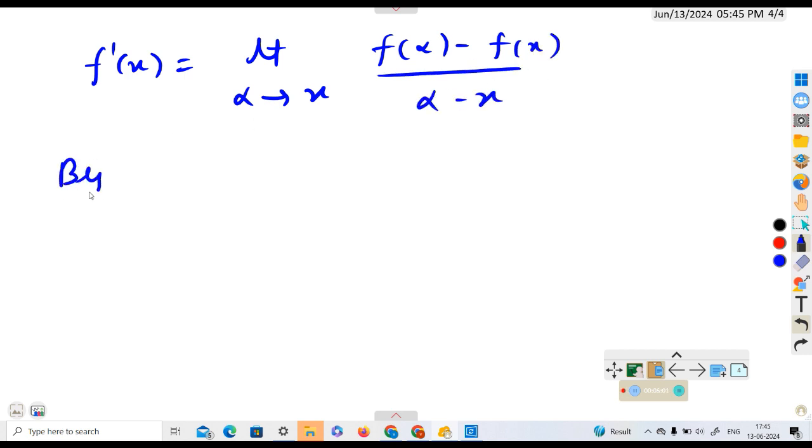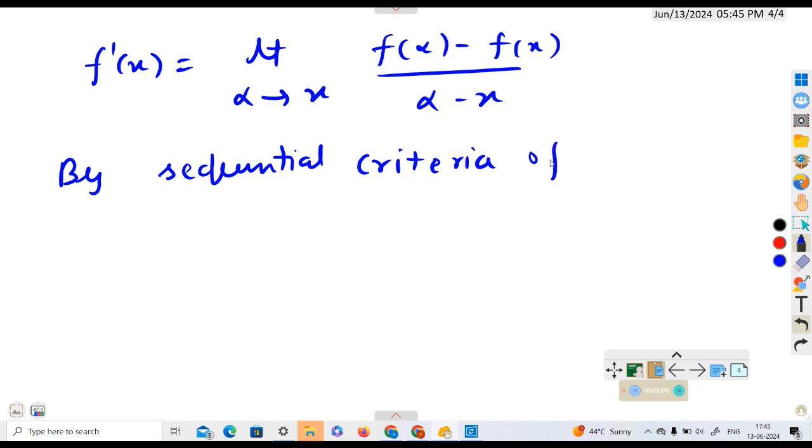By the sequential criteria of limit, this limit exists because f is differentiable at x.